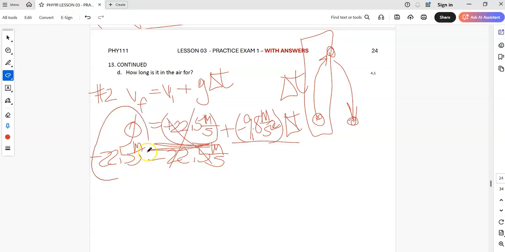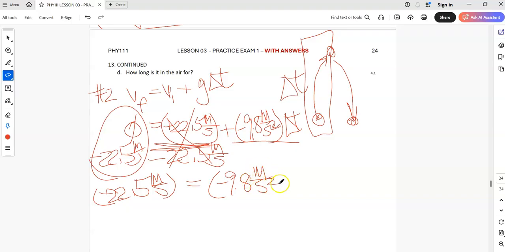This cancels, and this becomes simply minus 22.5 meters per second equals minus 9.8 meters per second squared times delta t. So we have a negative term and a negative term, but this negative term is multiplied by delta t.